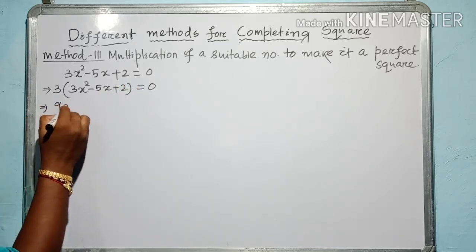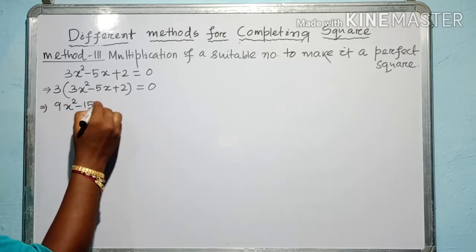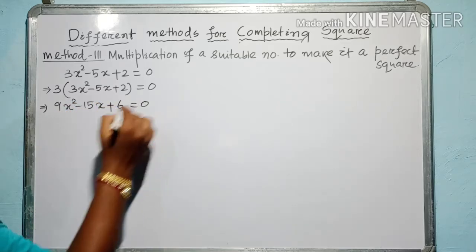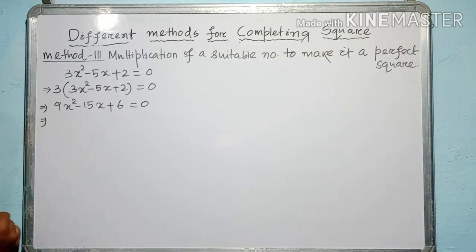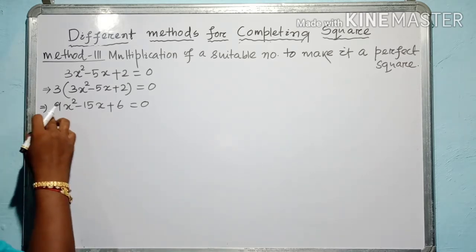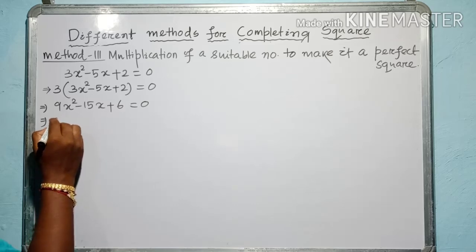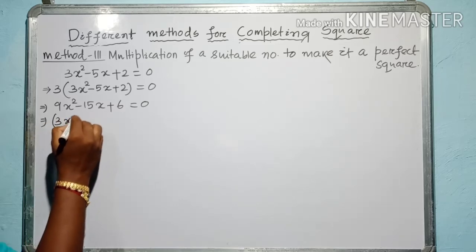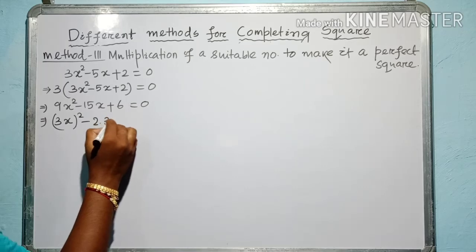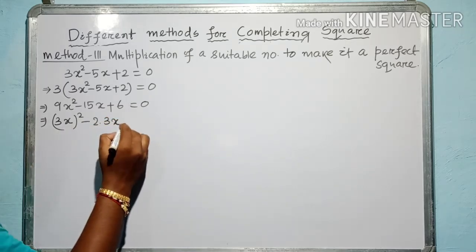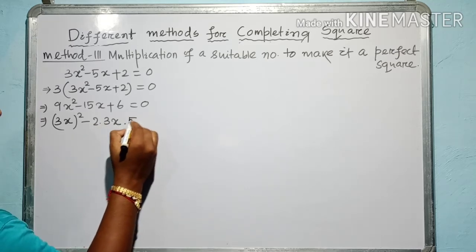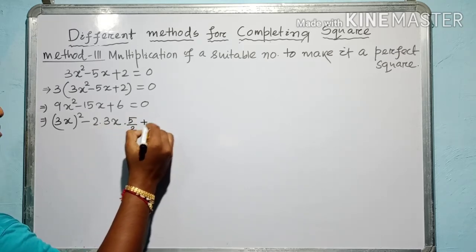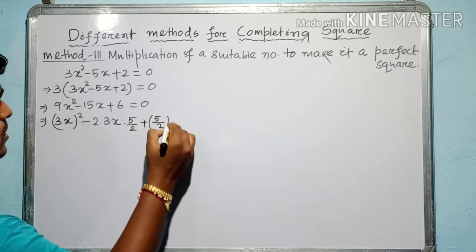It will be 9x square minus 15x plus 6 is equal to 0. Now we have to convert this expression into a perfect square expression, that is 3x whole square minus 2 into 3x into 5 by 2, plus 5 by 2 square.